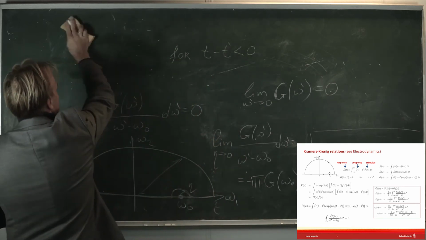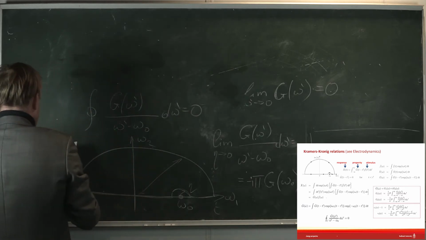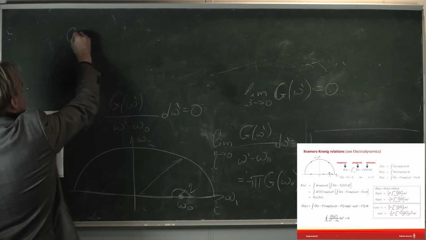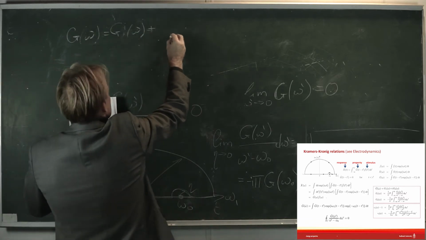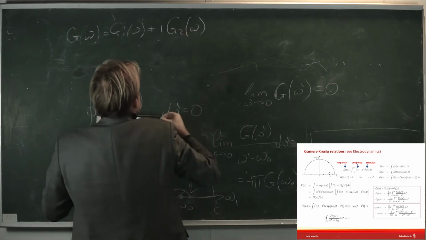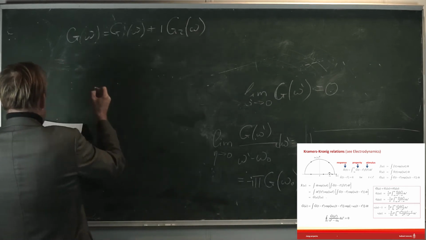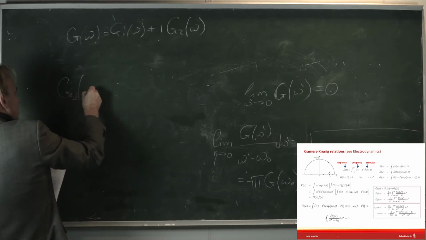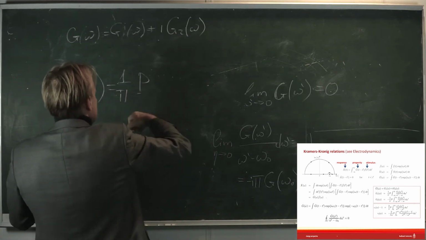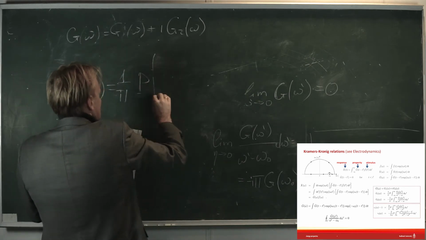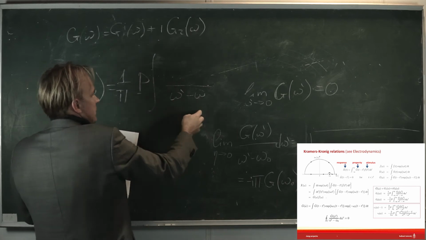So finally, if you bring everything together, and you assume that G has real and imaginary part, you will find an expression for real part by principal value, so it means the integration excludes the pole here, excludes the point where omega prime is equal to omega.